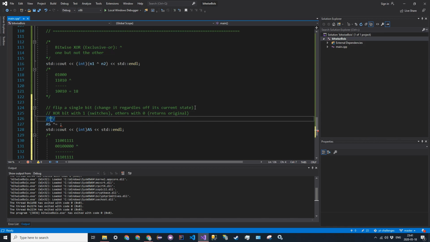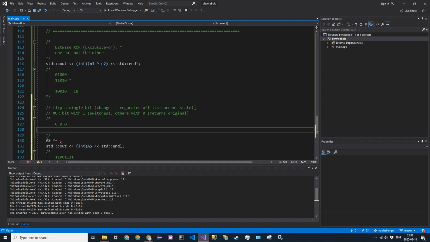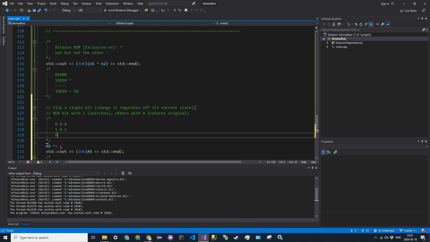So I can actually just type this out real quick. If you have a 0 and a 0, the result is a 0. 1, 0 returns a 1. 0, 1 returns a 1, and 1 and 1 returns a 0.